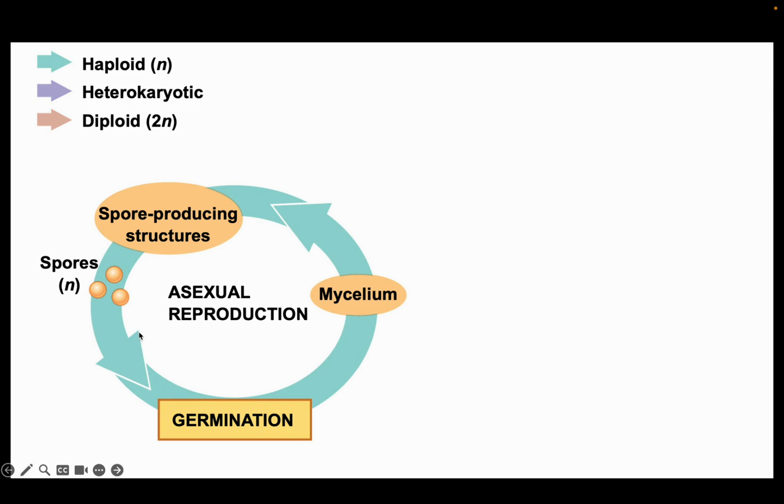Spores are released, they germinate, and become mycelium. That mycelium grows and grows, obtains nutrients, produces a mushroom, and the cycle just goes on. So we're not getting any new genetic material here. We're keeping the same genotype for all of these individuals.